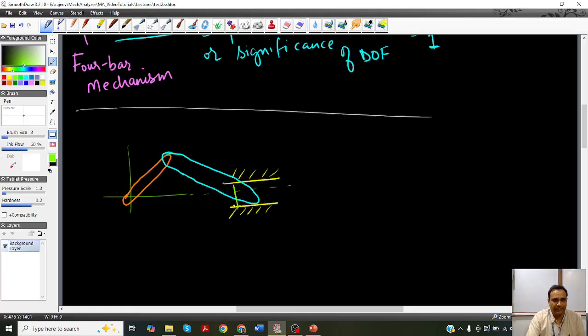Slider means one rectangular block. Okay, so the idea is this slider can translate within that yellow color groove or slot.